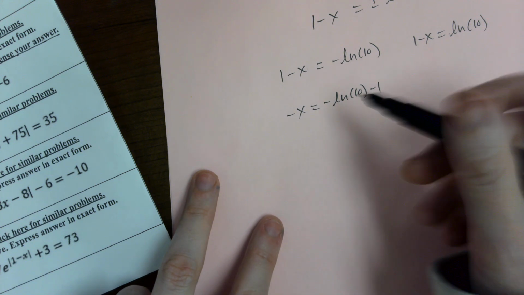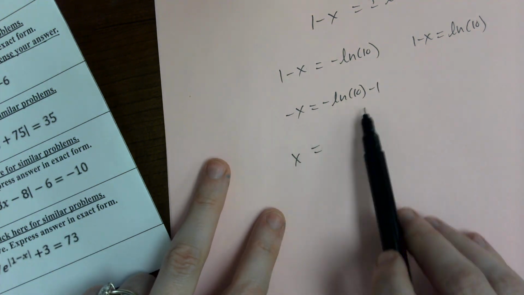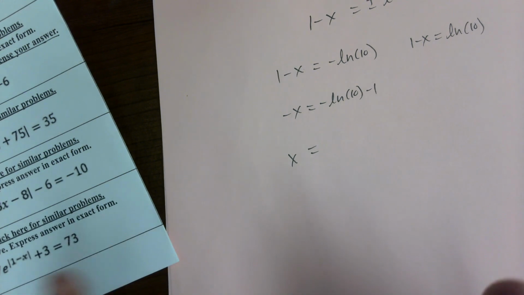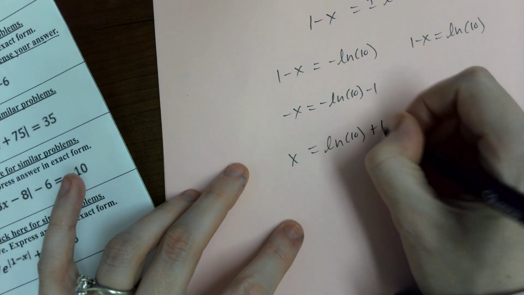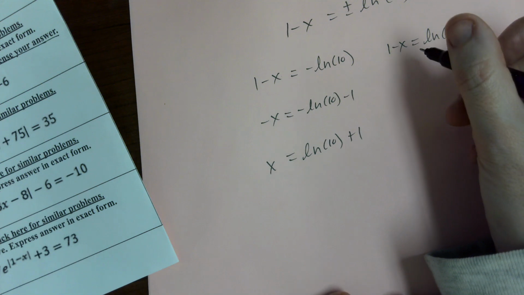And you know what, guys? When you divide by -1, I just want to show you something. When you divide this whole thing by -1, you're dividing each term by -1. So that's going to just make them positive. All right.